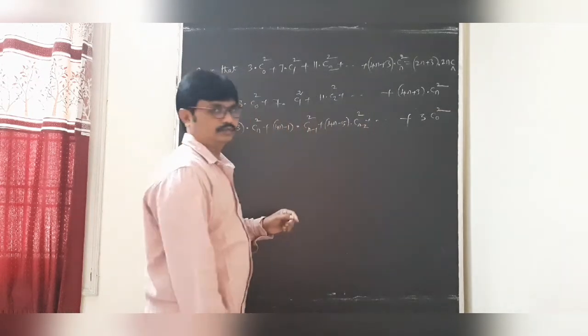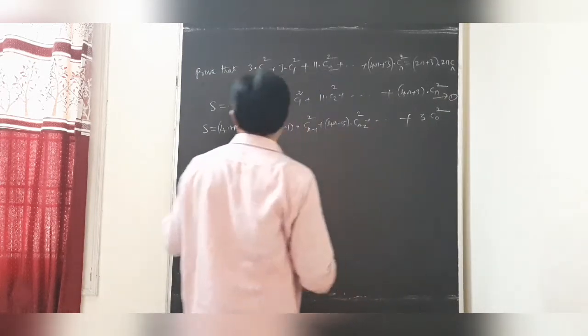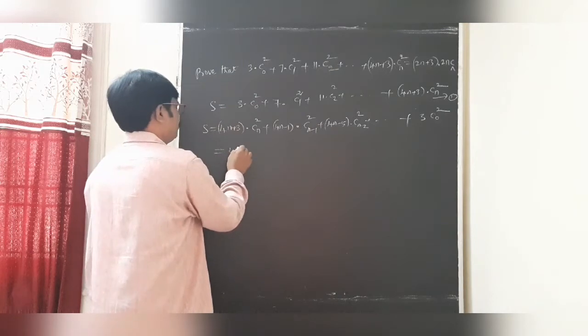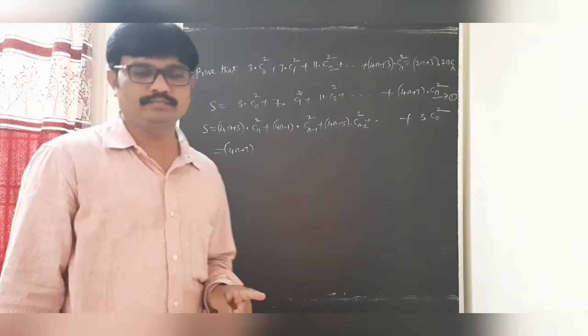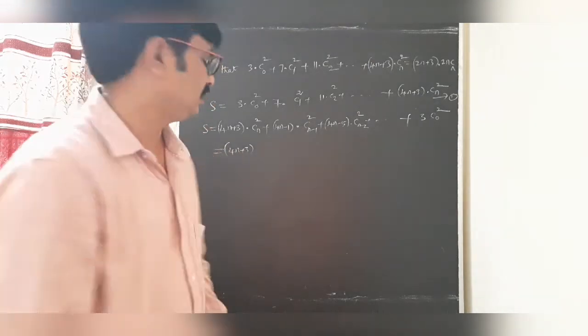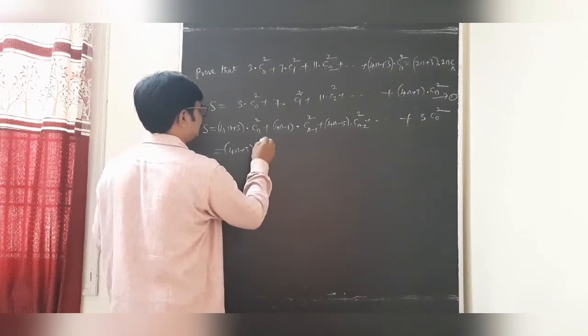3 C0 square. So dear students, this will be taken as 1. How to write it? This is (4n plus 3) into Cn, which means nCn. Therefore n minus n is 0.